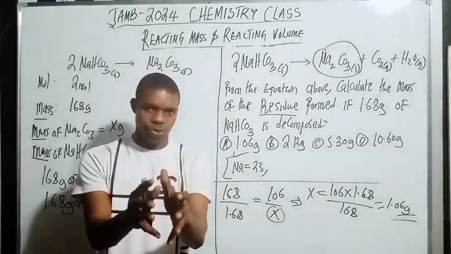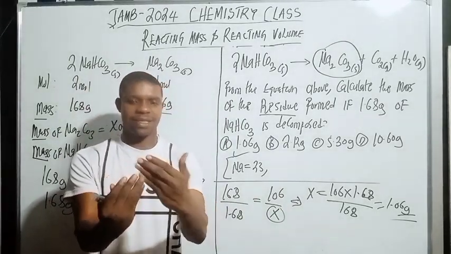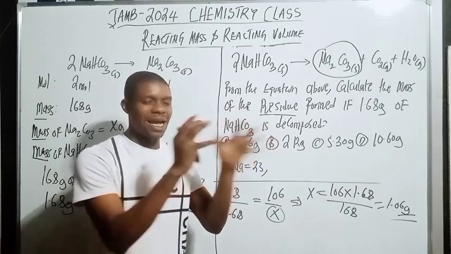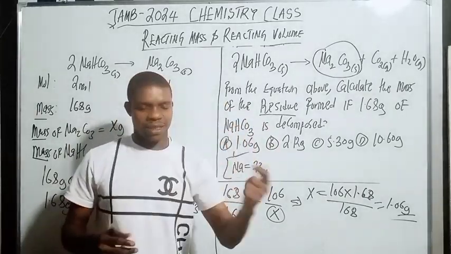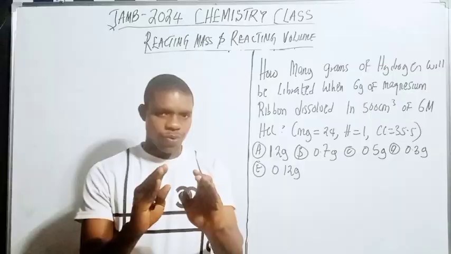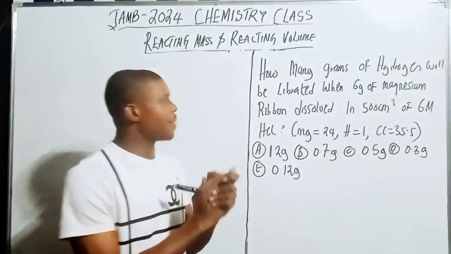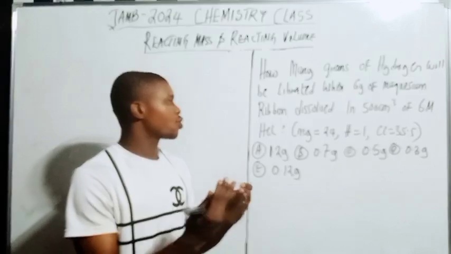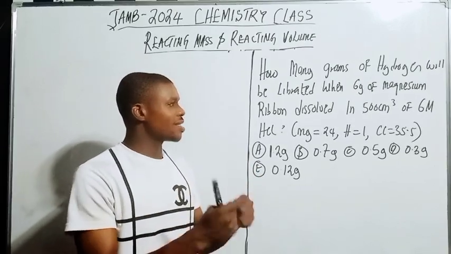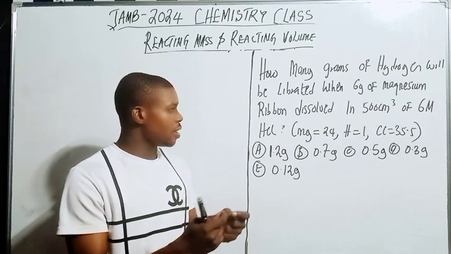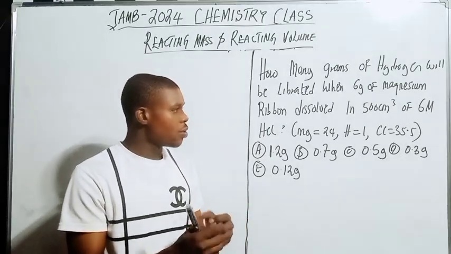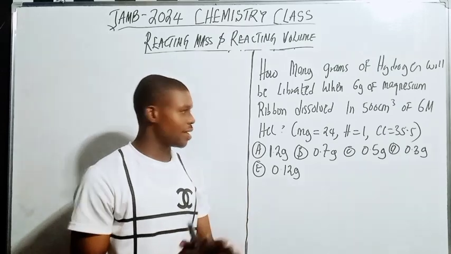But I'm not done with you because I don't want you to just master this thing here, based on the ways and pattern I've seen how they solve questions. So we have to look at one that involves molarity so you understand it better. The question in this video says, how many gram of hydrogen gas will be liberated when 6 gram of magnesium dissolve in 500 cm cube of 6 molarity HCl.